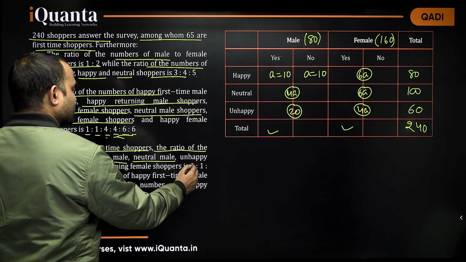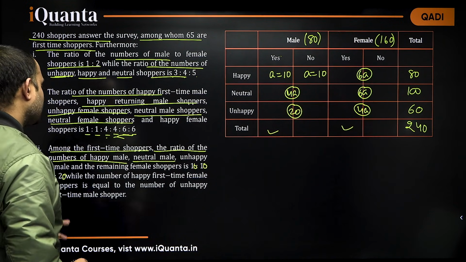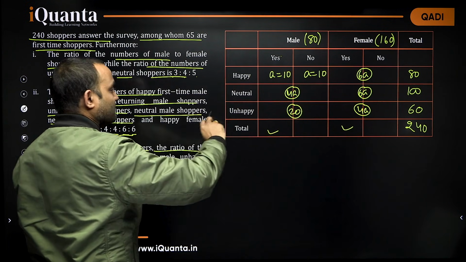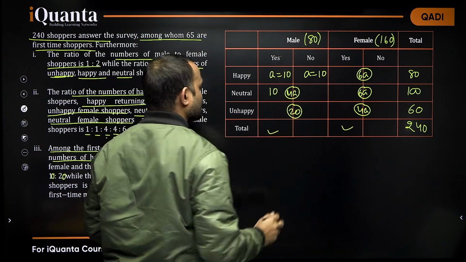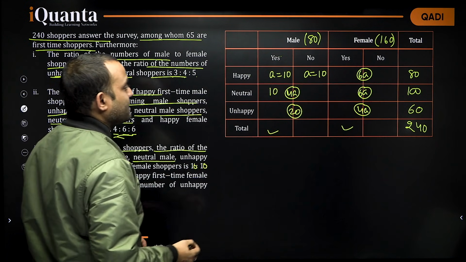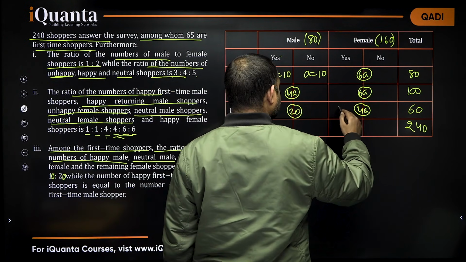So 1 is 10 basically. So 10, 10, 10 and 20, right? Happy male, this is 10. Neutral male, this is also 10. Unhappy female and first time, so 1:1:1, this is also 10.